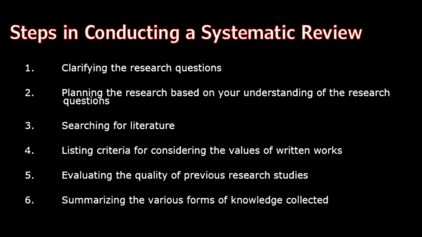Summarizing the various forms of knowledge collected. So obtaining results of the review of related literature by means of systematic review that takes place in a step-by-step method is a scientific way of conducting a re-examination of reading materials that have close connection with your research. Adopting a systematic review of related literature prevents you from being biased in dealing with the varied forms of literature.